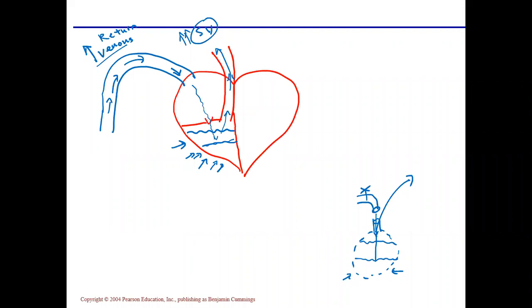When more blood is returning. One example could be exercise, because your blood vessels are surrounded by muscles. When the muscles are contracting, they push the blood to return more. And also your heart is working harder too.